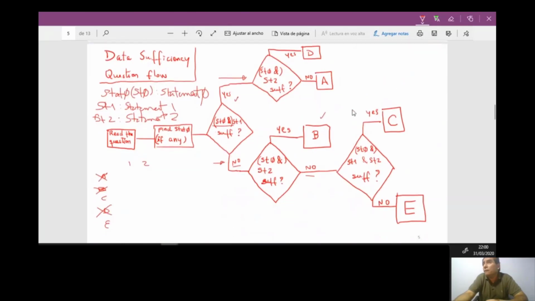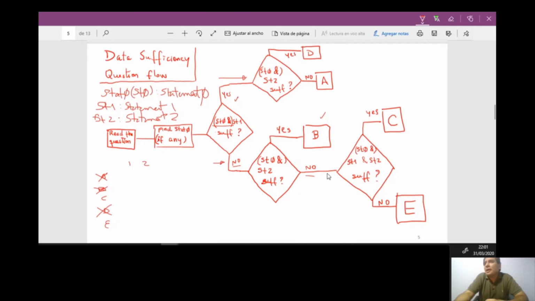So that's the meaning of each of the 5 answer choices in the data sufficiency question format. Notice that from this flowchart, you can see that the way to arrive at any of the 5 answer choices here is unique. There is a unique logical path that takes you to each of these answer choices. There is no ambiguity possible.